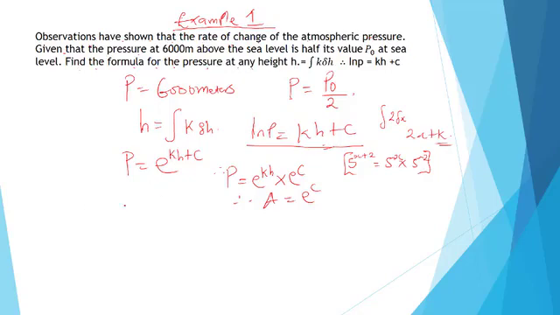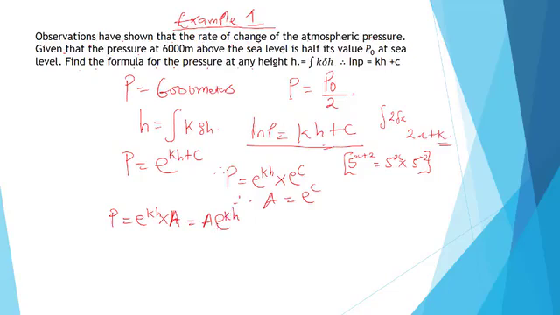So our expression now is P equals e raised to kh times A, which is A e raised to kh.